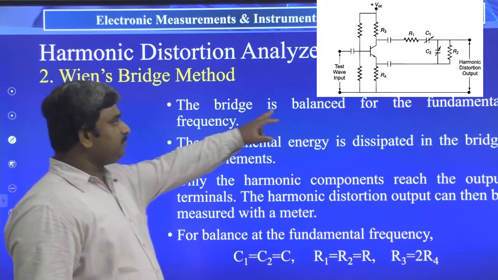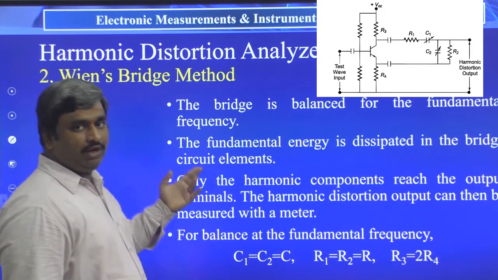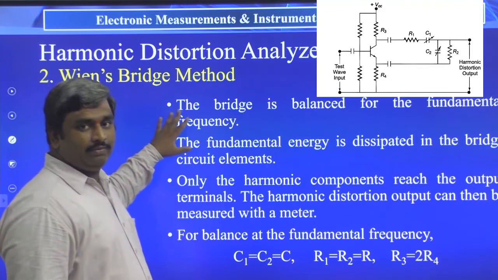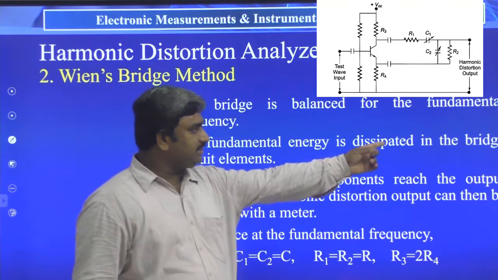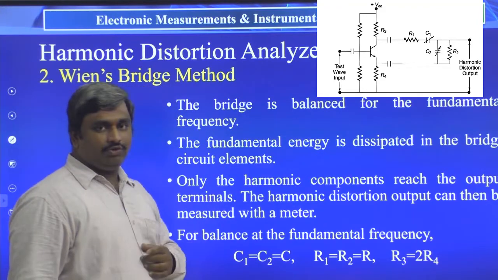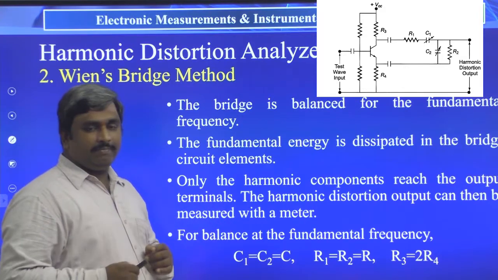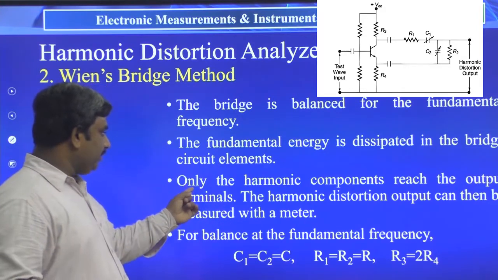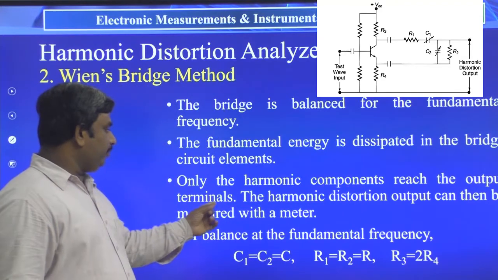The bridge is balanced for the fundamental frequency. At the Wien bridge also, at the start we keep the bridge at the fundamental frequency. The fundamental energy is dissipated in the bridge circuit elements, almost completely. Only the harmonic components reach the output terminals.